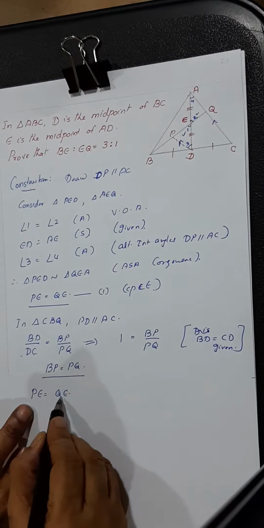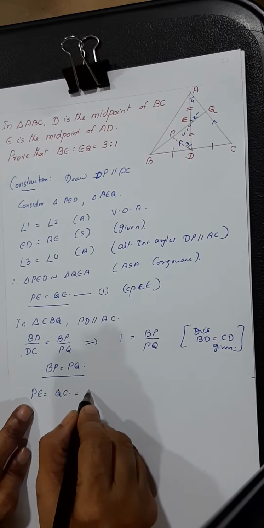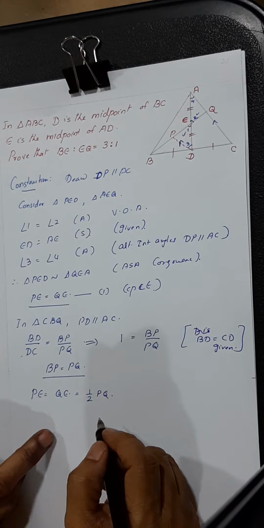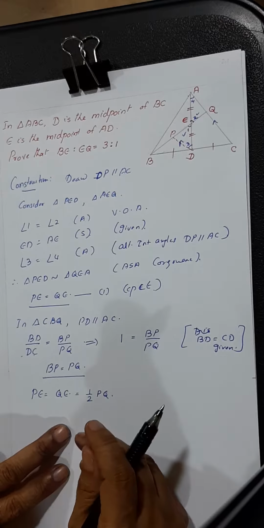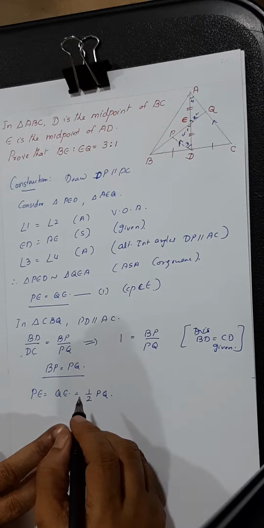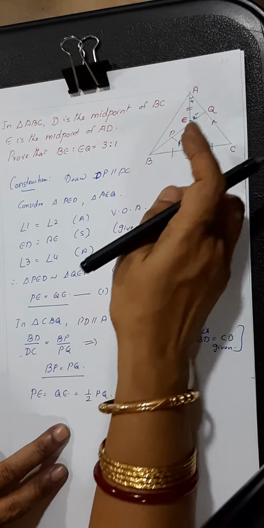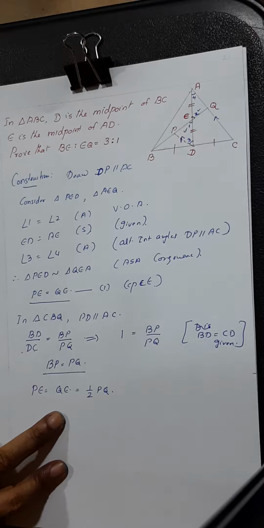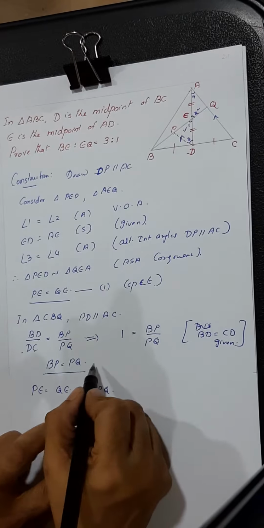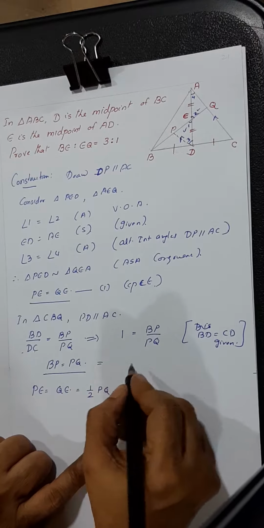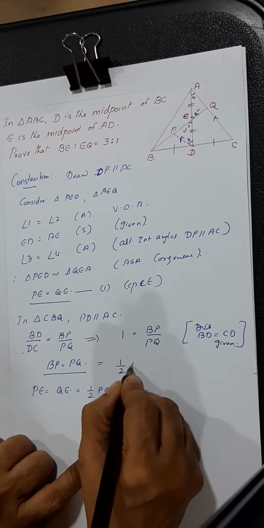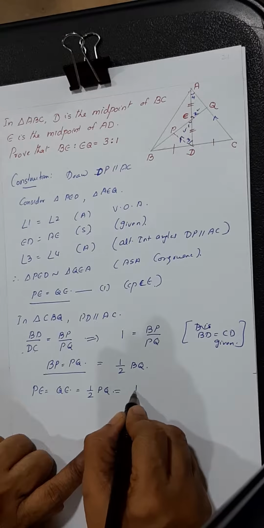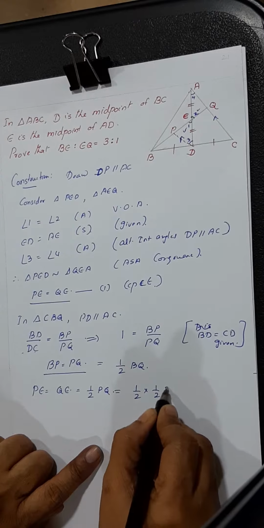So PQ can be written as half of BQ. So PQ can be written as half of half BQ.